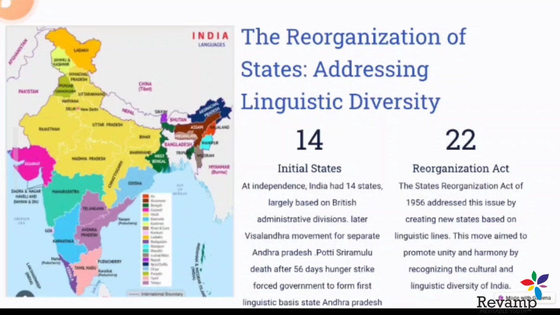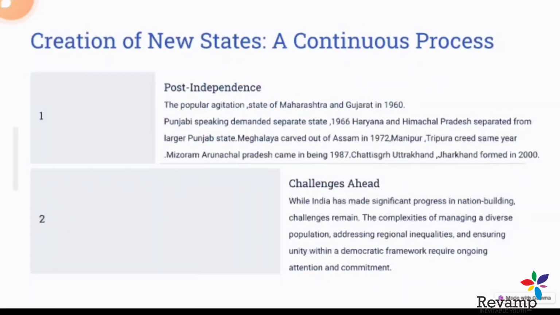So this is how we created 14 states. But the story does not end here. Even after the reorganization of states, a lot of states demanded their own. In the next slide we will see this. After the States Reorganization Act, sooner or later other states were also demanding statehood. Popular agitations started in different states on the basis of different identities.